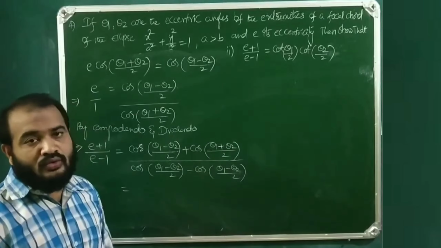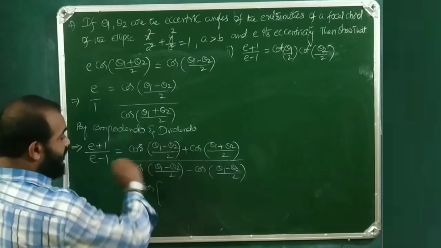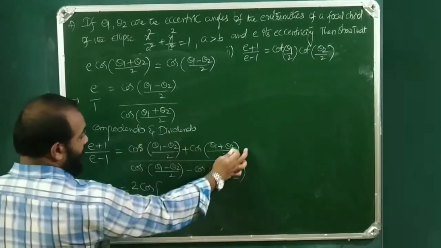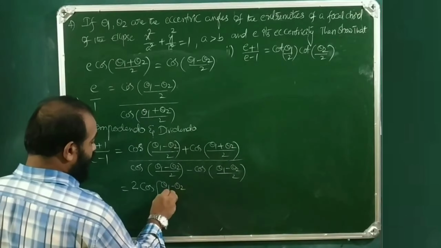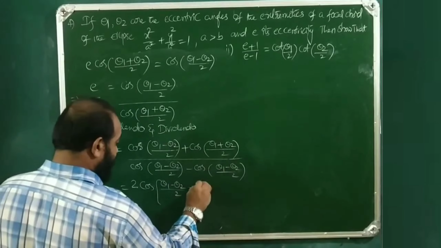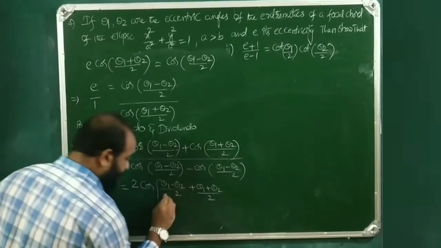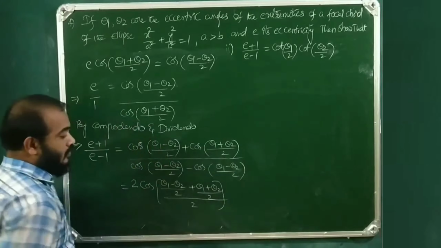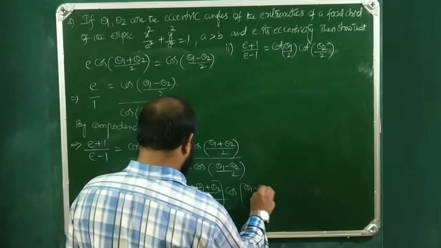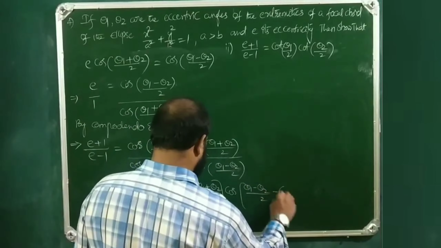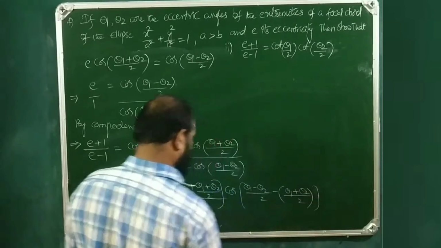Cos C plus cos D is 2 cos (C plus D)/2 cos (C minus D)/2. So 2 cos (C plus D)/2. This is entirely C, this is D. So (theta 1 minus theta 2)/2 plus (theta 1 plus theta 2)/2 is (C plus D)/2, and (theta 1 minus theta 2)/2 minus (theta 1 plus theta 2)/2 is (C minus D)/2.